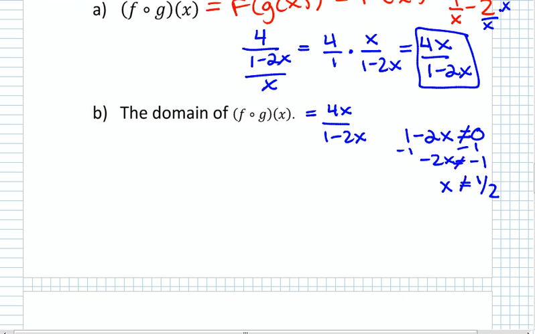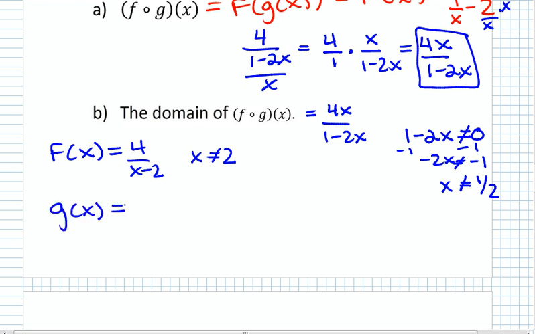So that x cannot equal 1/2. That is one restriction on the domain. But you also have to take into consideration the domain of f of x, and f of x is 4 over x minus 2. So that means x cannot equal 2. So that is part of the domain of f of g as well.